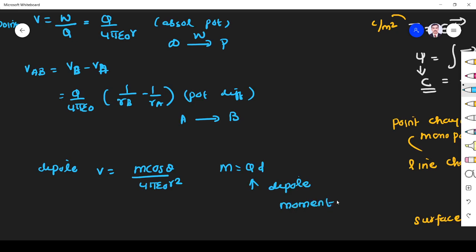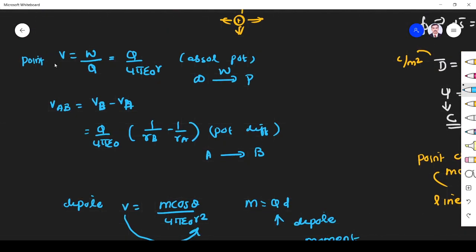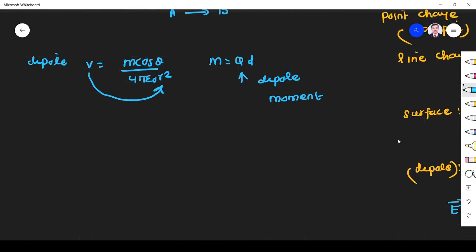Fine? Okay. So we must see that potential due to a dipole is inversely proportional to r square. Potential due to a point charge or monopole is inversely proportional to r. So that is very important.